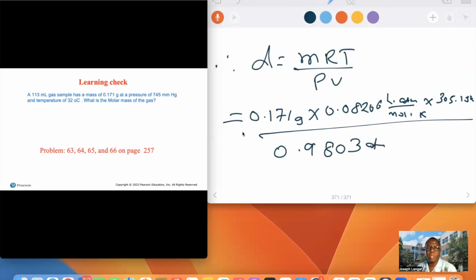So we have pressure times volume, which is 0.